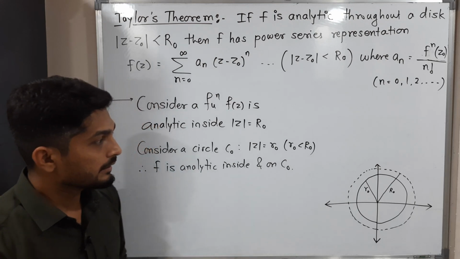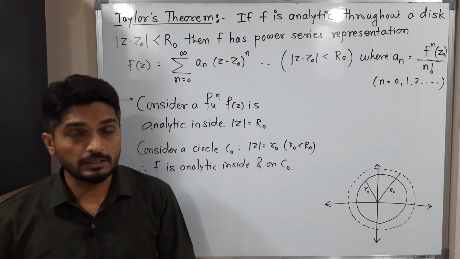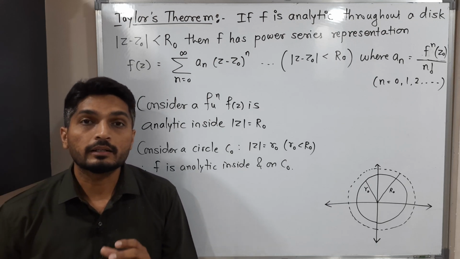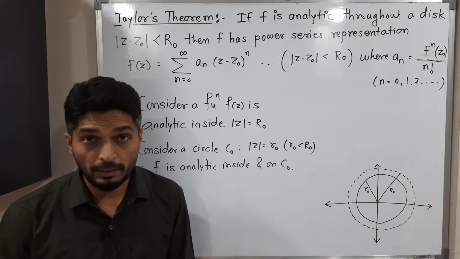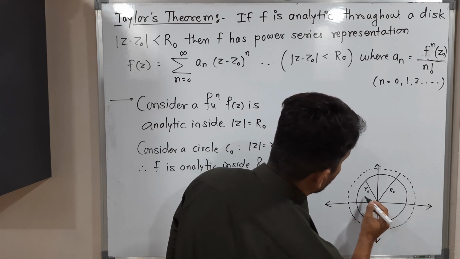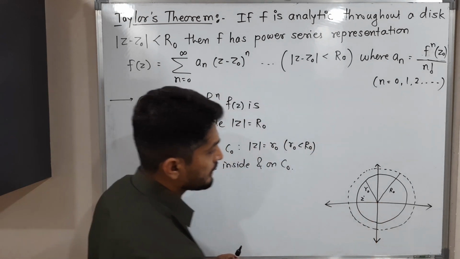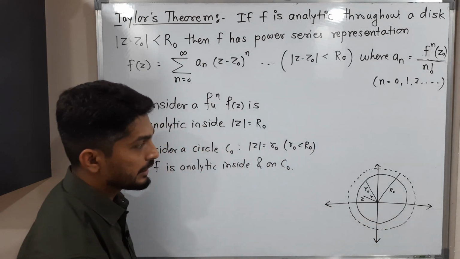Getting? If the function is analytic inside and on boundary of a given curve C or C naught, then Cauchy's integral formula is applicable. So that formula I am going to apply for this z. I am considering one point z here. Suppose we have point z here, which is at a distance r from the origin. I have shown it in the diagram.